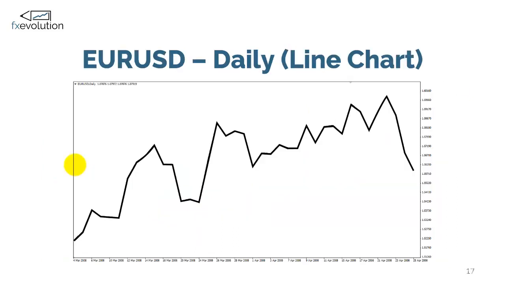Here we have the Euro USD daily line chart, which is a representation of that previous example, and you can see how different it looks. It's much more basic. Sometimes when we're trying to look at trend, we may look at a line chart because it's so clear what's really happening. We can see here that for a long time the market was going up.